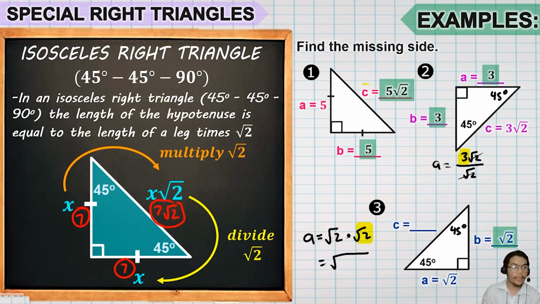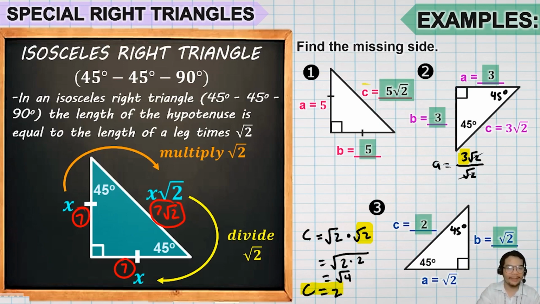Product rule ng radical expression, we can just write it in a single radical sign. So it's gonna be 2 times 2. Pareho naman ng index, square root sila parehas. So it's gonna be equal to square root of 4, and square root of 4 is just equal to 2. Therefore, A is equal, or sorry, not A. C pala itong pinag-uusapan natin, sorry. So C, or our hypotenuse, is equal to 2.